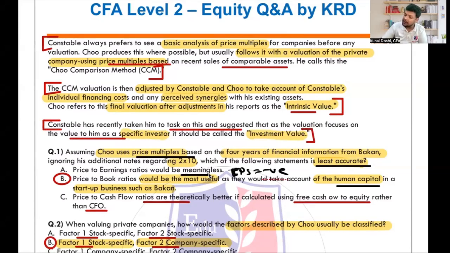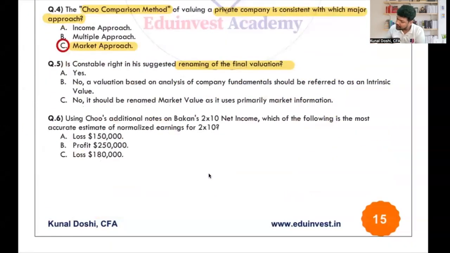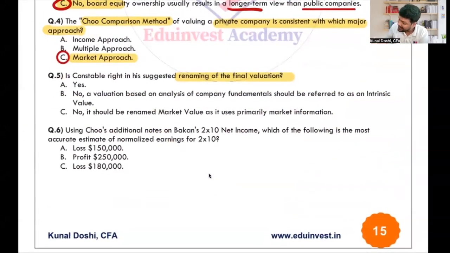Now see these two statements. They are basically talking about the definition. So when he's adjusting the valuation based on the financing cost and perceived synergies, Chu refers to the final valuation after adjustment as intrinsic value. Now, the question is: is Constable right in his suggested renaming of the final valuation?